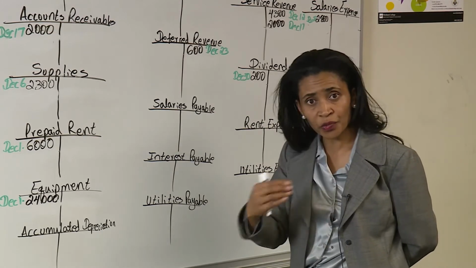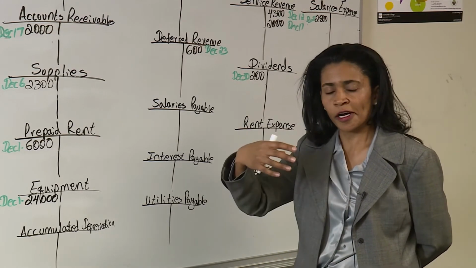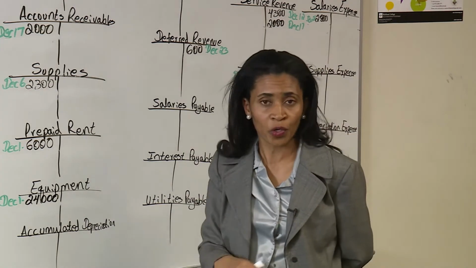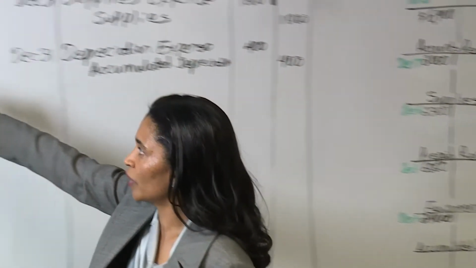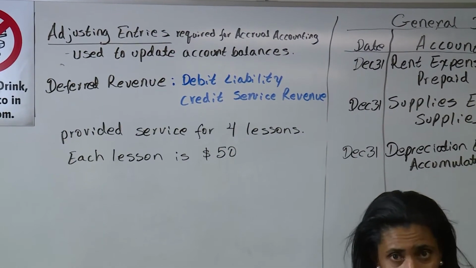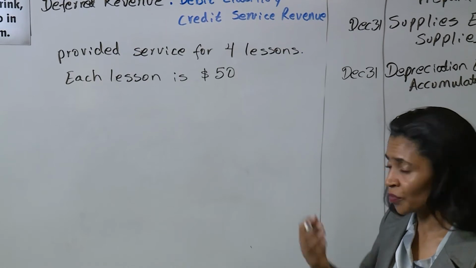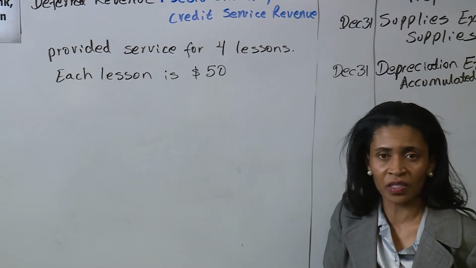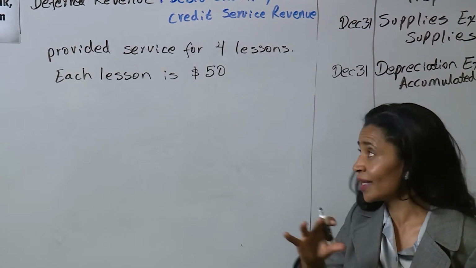Now, at the end, when we look at our record, it shows that we had given four of the lessons. Out of the 12, we gave 4 lessons. That means out of the $600 that we received in advance, some of the service was provided, so we can take that out.